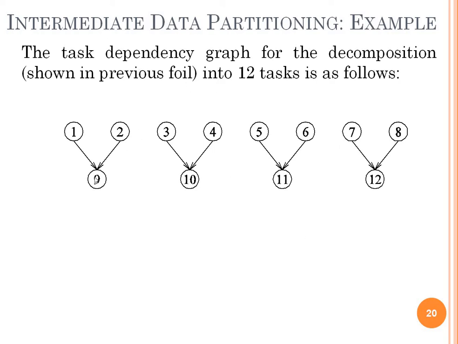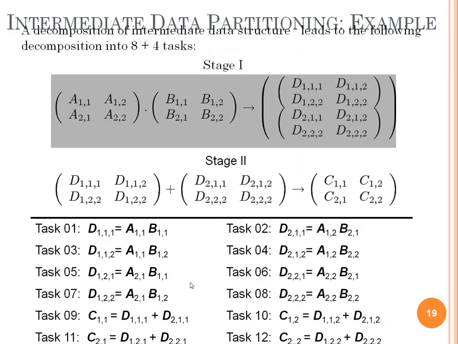We'll see how task 9 is dependent on 1 and 2. Here task 9 is this one, C11 equals D111 plus D211. D111 means task 1 and D211 means this is task 4. So here task 9 is dependent on the addition of task 1 and task 4.